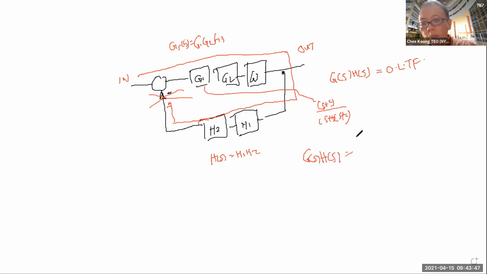will have multiple terms: S plus A numerator, S plus B numerator, and keep multiplying, because we want a product of sums, then S plus Z n numerator. And then, of course, for the denominator you can have S plus AD, S plus BD, all the way to S plus ZD.